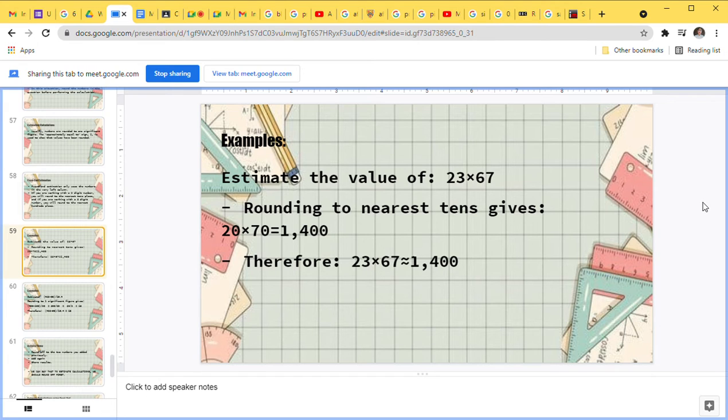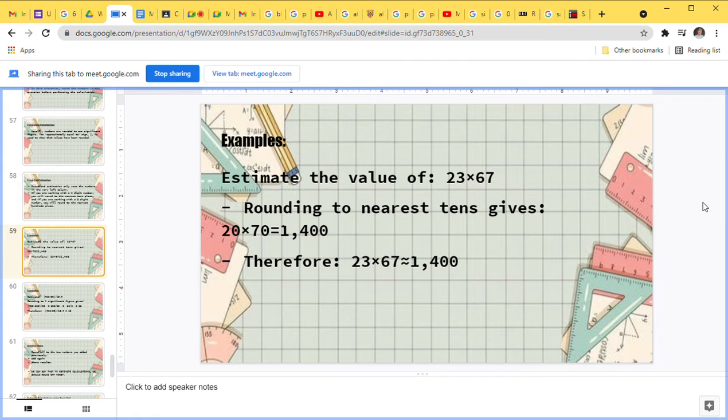Estimate the value of 23 times 67. So first, we round to the nearest 10. If we round off 23 to the nearest 10, what do we have? Someone in the chat box says 20.